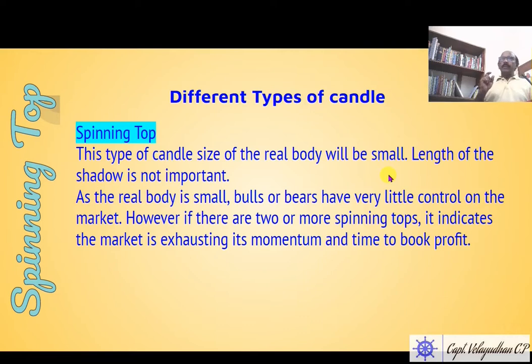The shadow can be any length, but the real body will be small. Bulls and bears have very little control in that market. However, if there are two or more spinning tops, it indicates the market is exhausting its momentum and it's time to book profit.